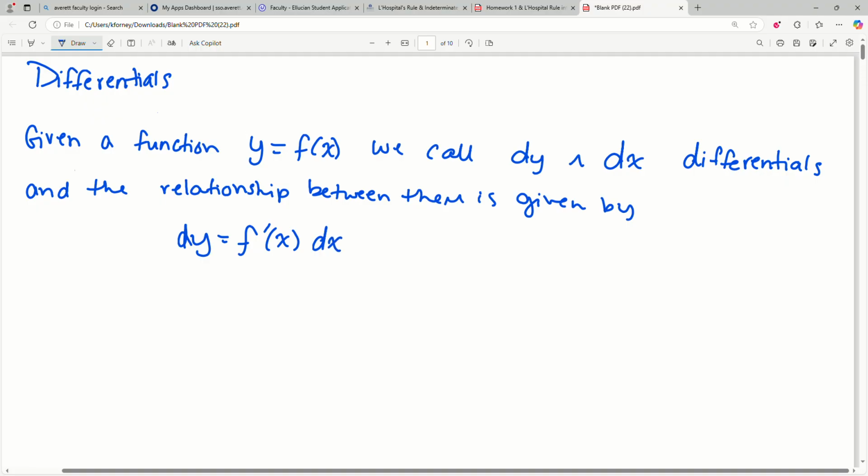So the derivative of y just means you're taking the derivative of what you have with respect to its variable.